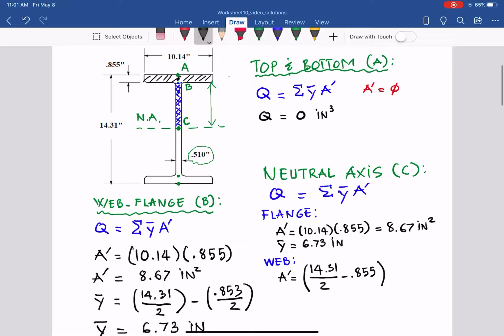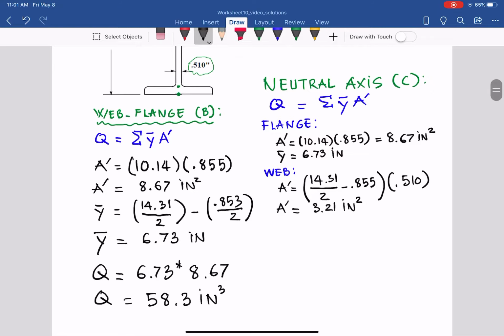So that is this distance. And then the thickness of the web we already have, which is 0.510. So from that we have A apostrophe for the web, 3.21 inch square.